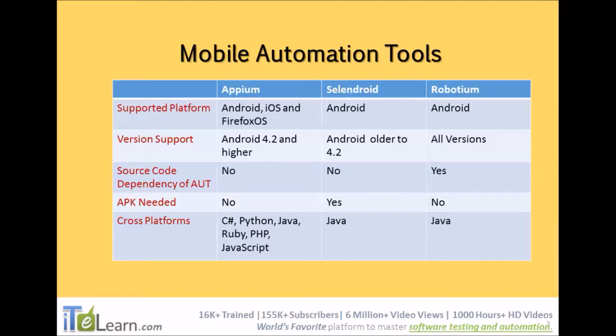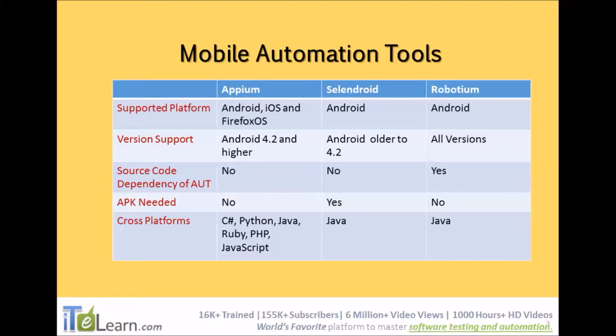And in case of Robotium, all the versions are supported. Now next is the source code dependency of AUT, which is nothing but the application under test. The reason behind this as an evaluating factor is that Robotium depends on the source code of the application.